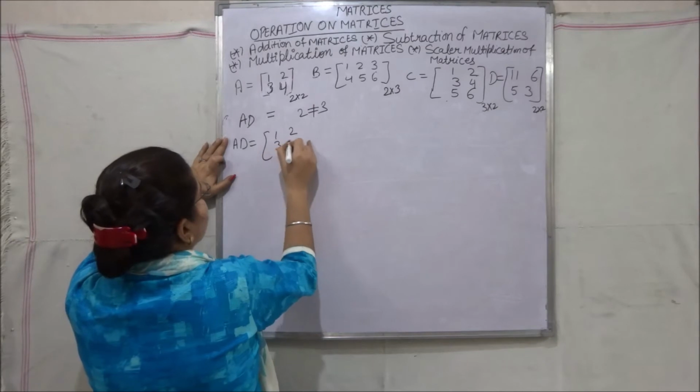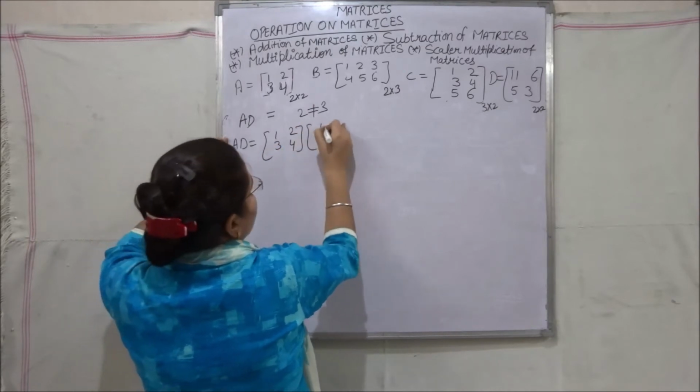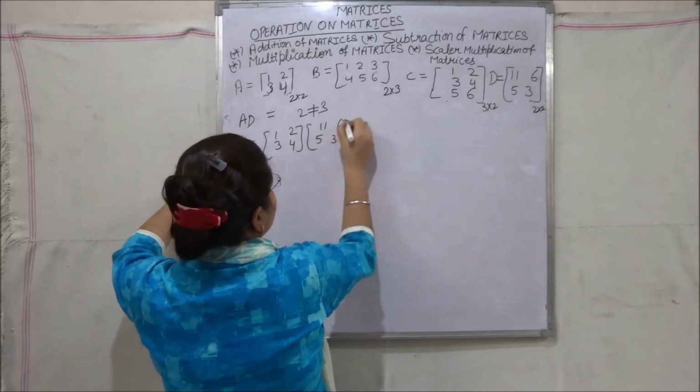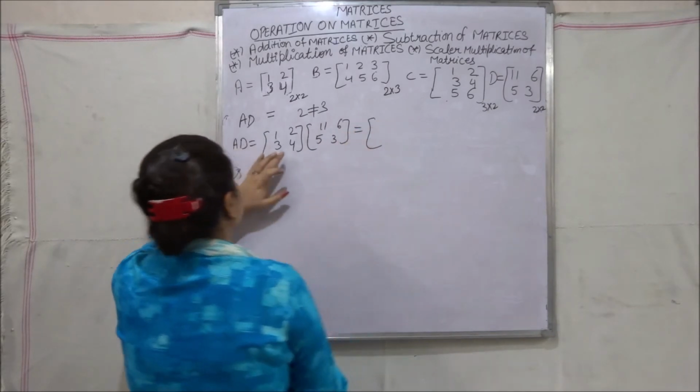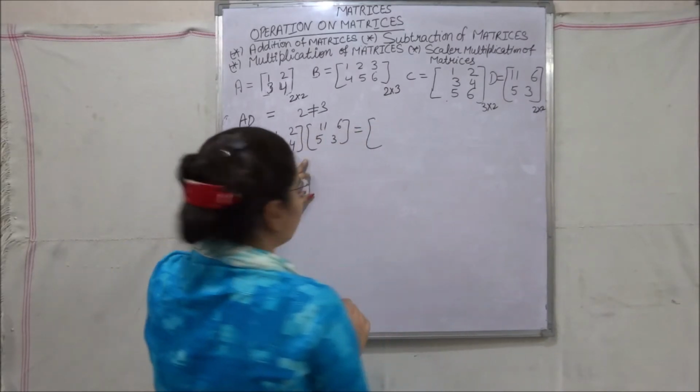A is [1, 2; 3, 4] and D is [11, 6; 5, 3]. So multiplication of square matrices will always be possible.